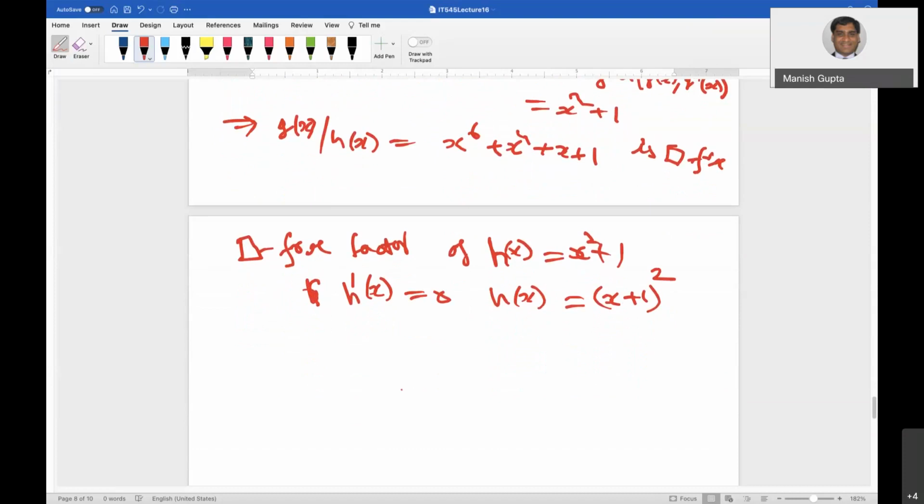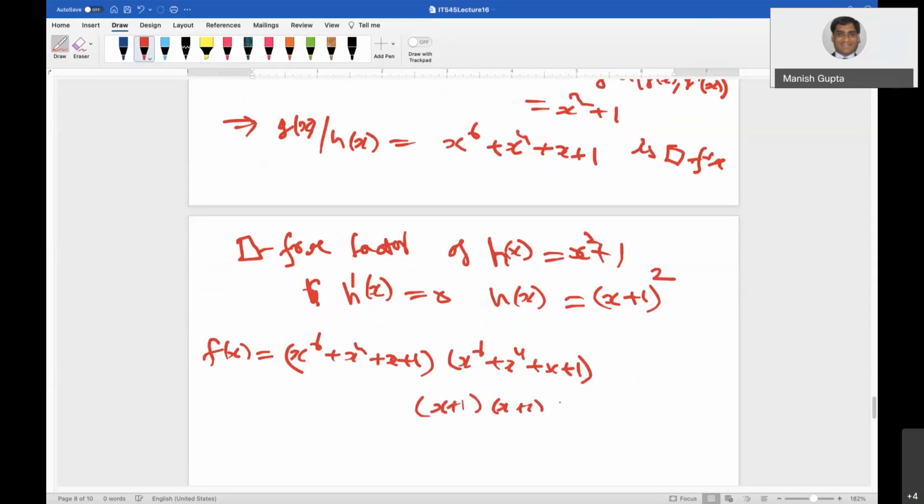So x plus 1 is coprime to its derivative, is square free. So f(x) can be written as x raised to power 6 plus x raised to power 4 plus x plus 1, times x plus 1, times x plus 1.